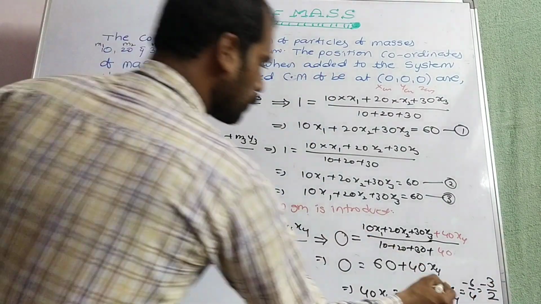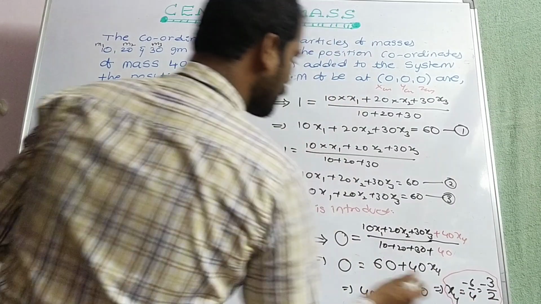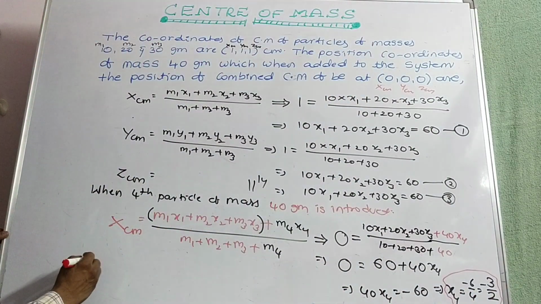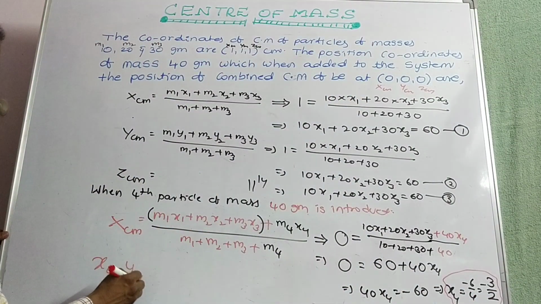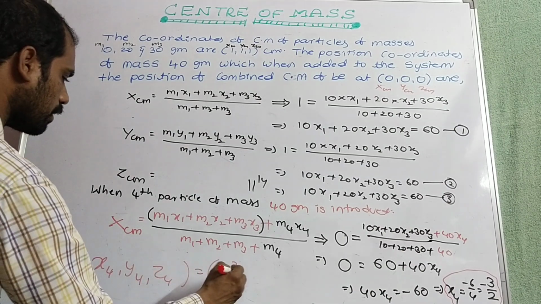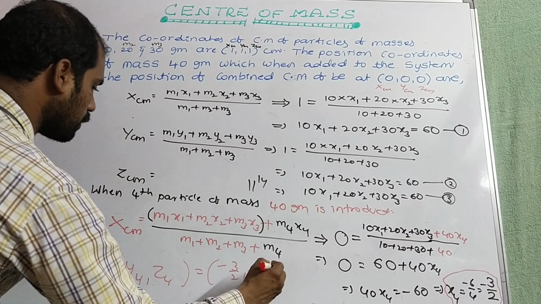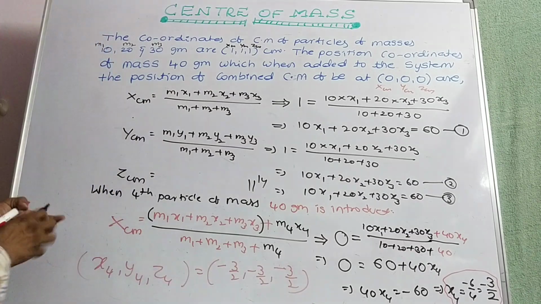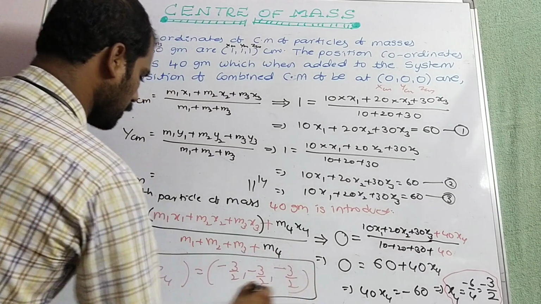As x4 is minus 3 by 2, by symmetry x4, y4, z4 is equal to minus 3 by 2, minus 3 by 2, minus 3 by 2. That is the answer.